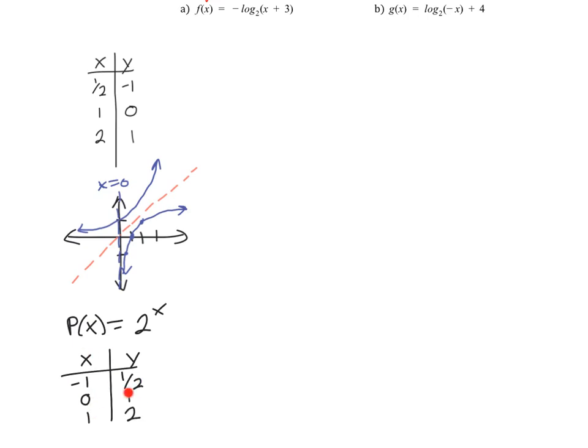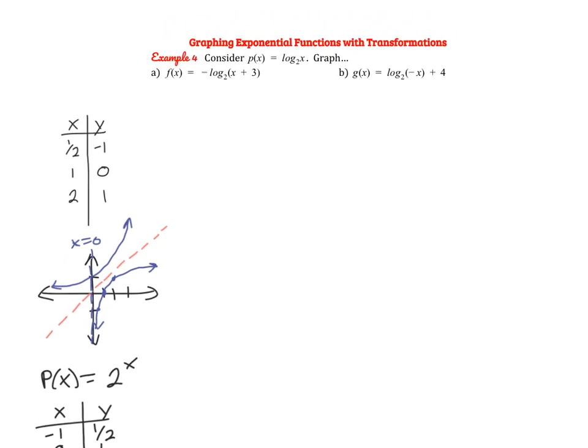So you'll notice that the coordinates of this are flipped from the coordinates of this, which is what happens with inverse functions. You literally can swap the x and y values. So if you have a hard time filling in a t-chart for a logarithmic function, make a t-chart for its inverse, and then you simply flip the x and y values.